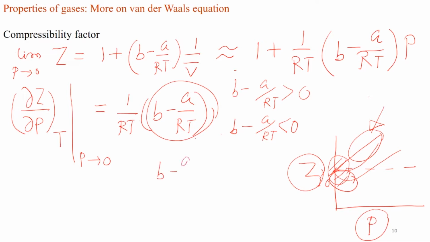And when b minus a by RT is 0, that will explain when the curve flattens out near 0 pressure. We just said that this temperature is known as the Boyle temperature. So we can get an expression for the Boyle temperature, which we wrote as T_B equals a by Rb.